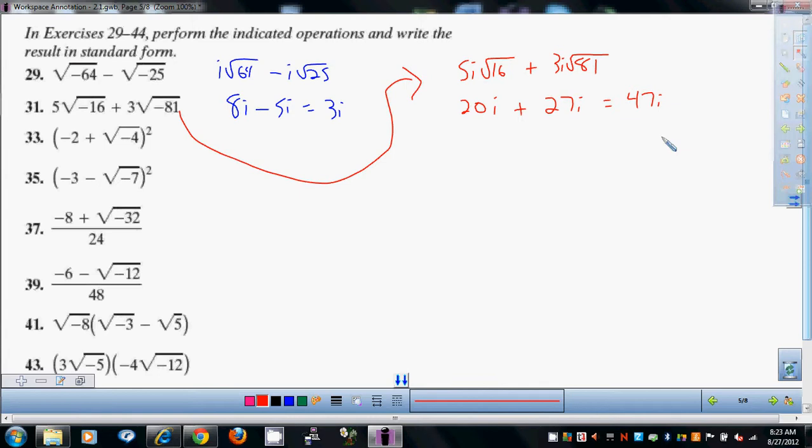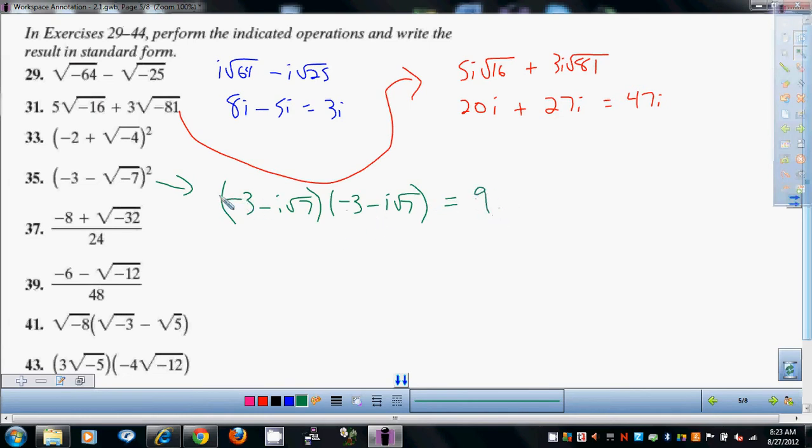Looks like 33 and 35 are very similar. 35 looks potentially a tad harder because, when I see more minuses, I tend to think that might be a little harder than anything with pluses. So I'm going to do 35. That'll be negative 3 minus i radical 7 FOILed unto itself. And here we go.